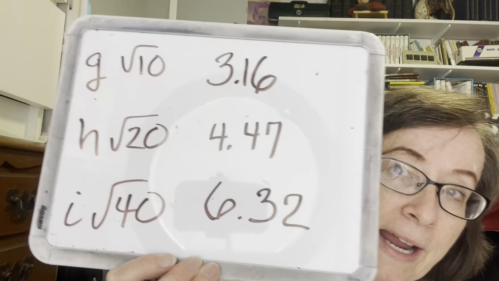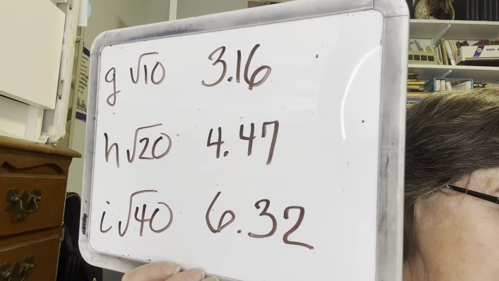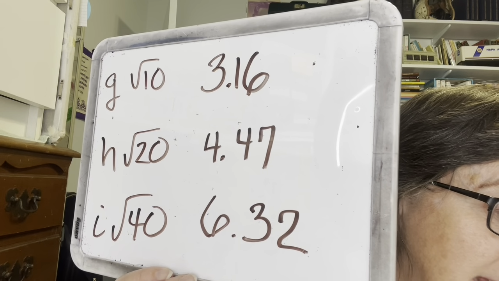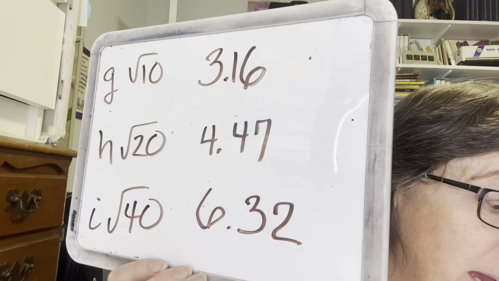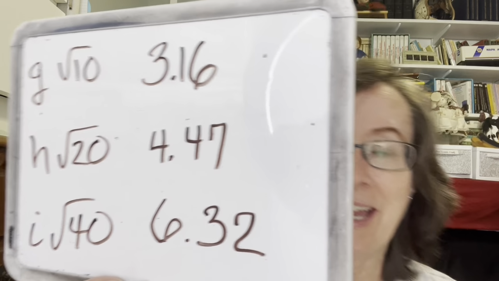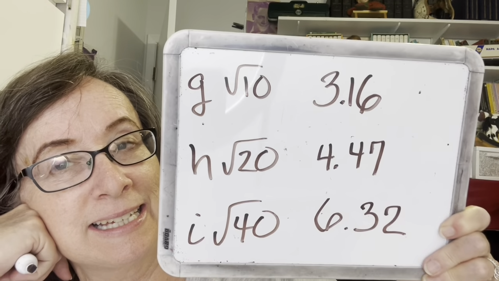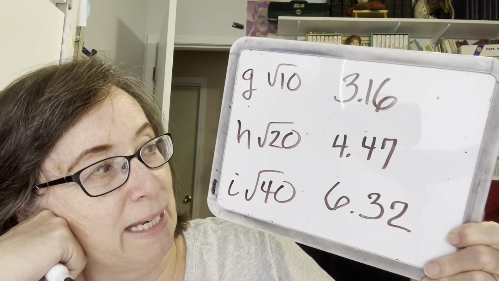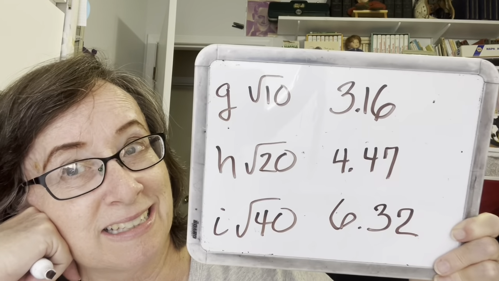Okay, so let's look at our question here. There are our answers. Let's look at J. It says refer to your answers in problem G, H, and I to answer this question. Which number is twice as much as the square root of 10? Okay, well, the square root of 10 is 3.16, and the square root of 20 is 4.47, but that's not twice as much as 3.16.